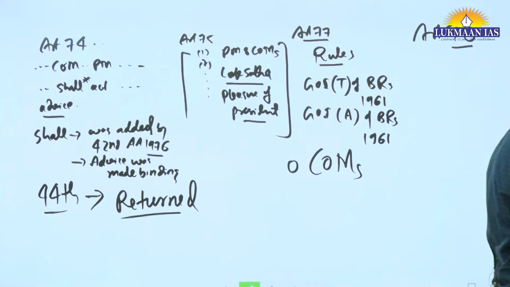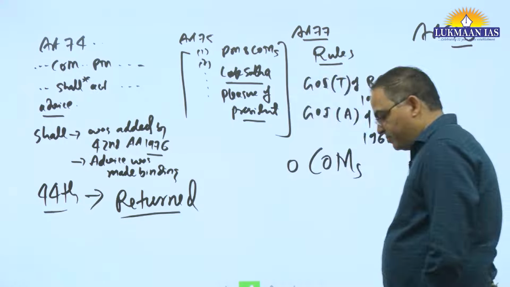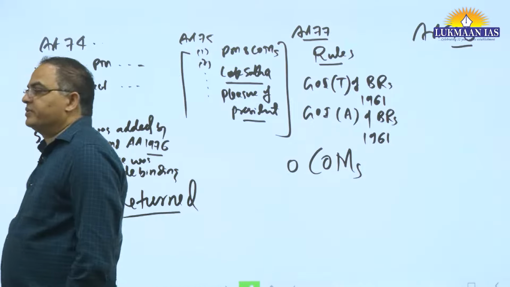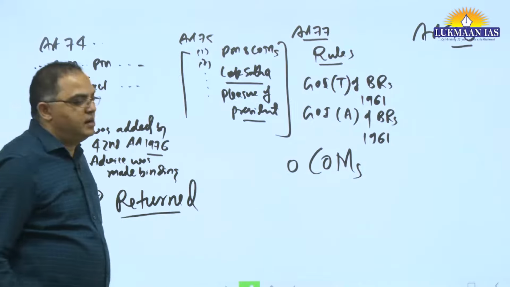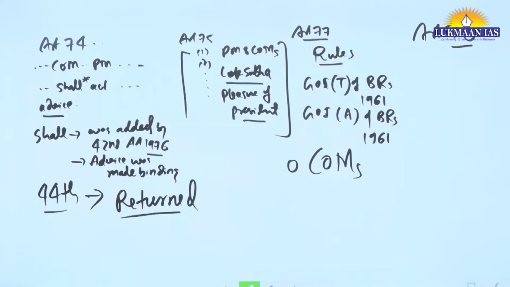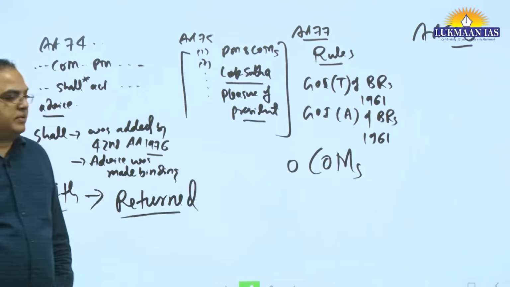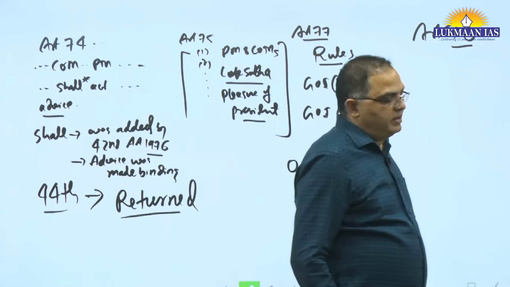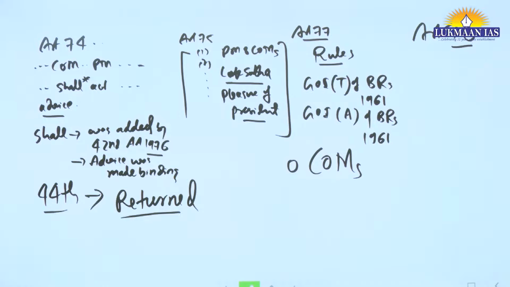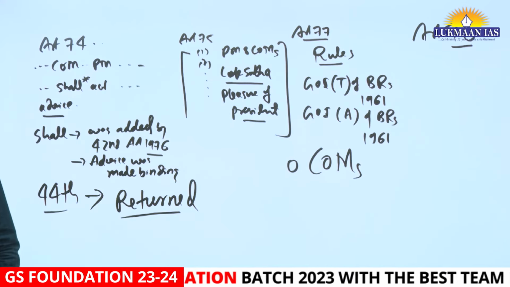The President can also seek any information from the Prime Minister, including information related to any cabinet minister, in case of differences in opinion among cabinet ministers.